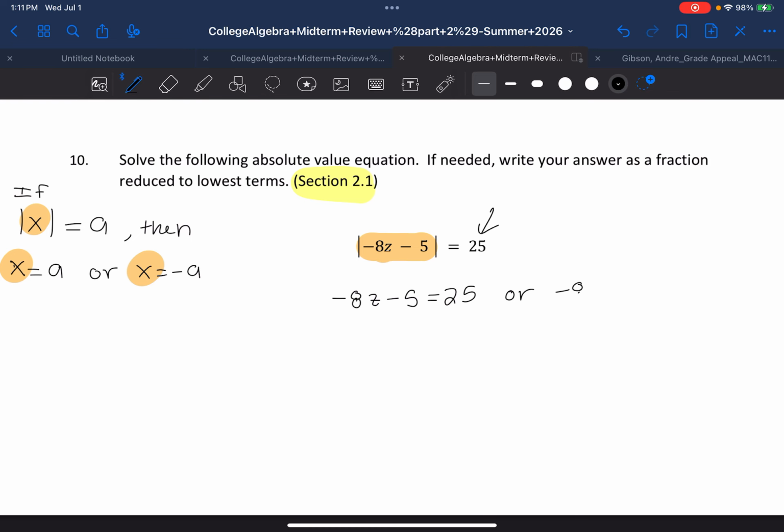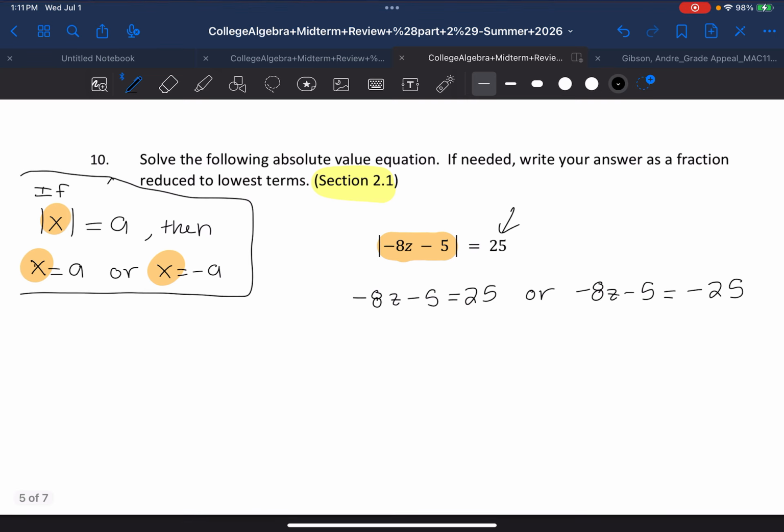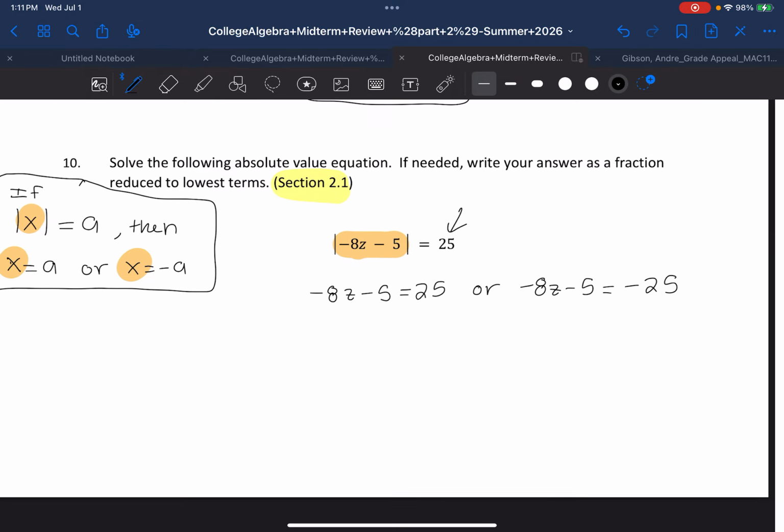And we're also going to take that expression and set it equal to negative 25. That's what that rule tells me to do for absolute value equations when it's equal to a positive number, which it is in this case.